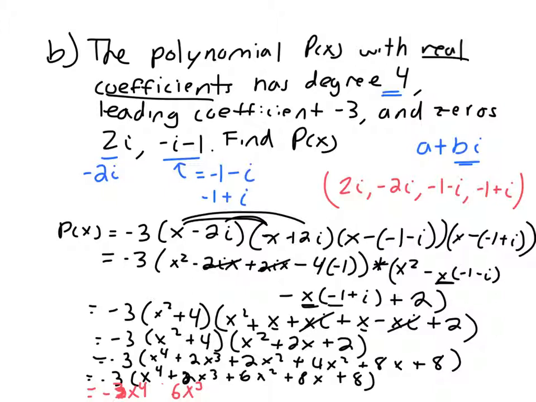Instead of it being plus, it'll be minus. And then minus 3 times 6 is 18, x squared. And then that plus will become a minus, and this will be negative 3 times 8, which is 24, x, and then negative 24. Okay, and then that will be my answer.